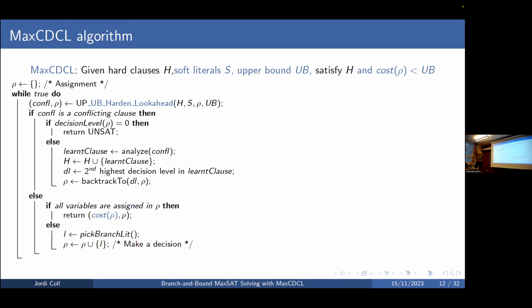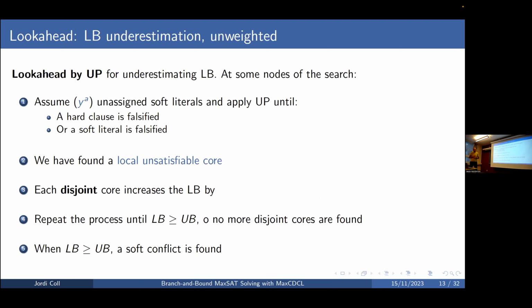What's lookahead? Again, only at some node of the search, what we will do is assume some of the unassigned soft literals, make assumptions, like a core-based solver, and apply unit propagation, only unit propagation, until one of these two things happens: either a hard clause is falsified, or a soft literal is propagated to false.